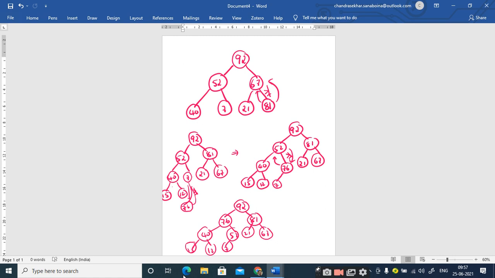Once you are inserting a new node by using the shape property, you are checking the heap property. And you can observe here that the 76 is moved towards the upward direction. This is the first movement, and from here we have another movement.